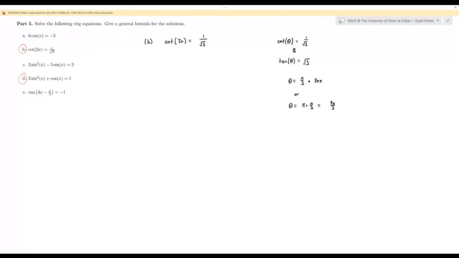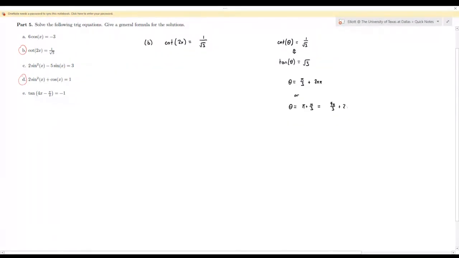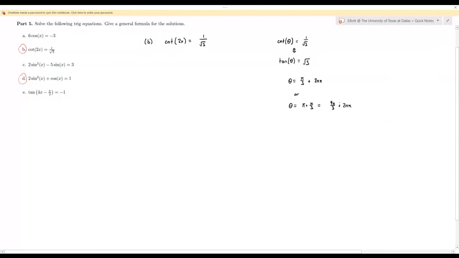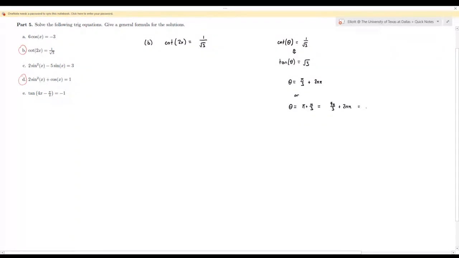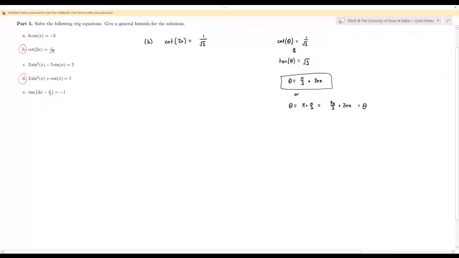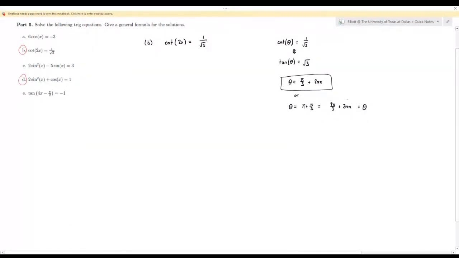Likewise, I can take 4 pi over 3 and also add 2n pi to that, to represent all the other angles you get going around the circle multiple times.